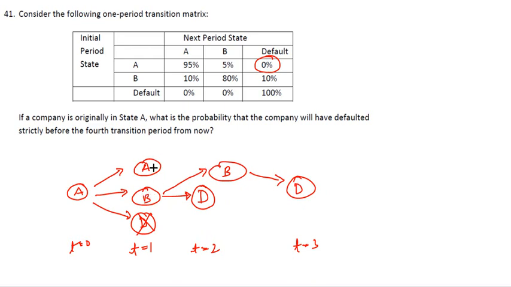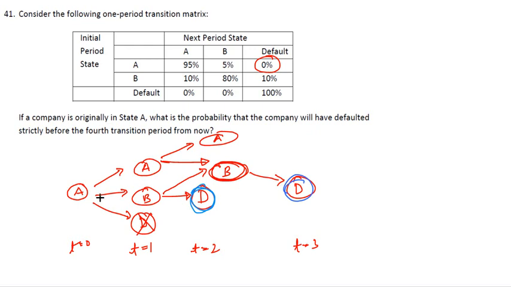Now when the company is in A at t equal to 1, the company can stay at A, or from A it can move to B. So the company is in default at this point here, and the company is in default over here. We need to compute the probability of these two nodes.